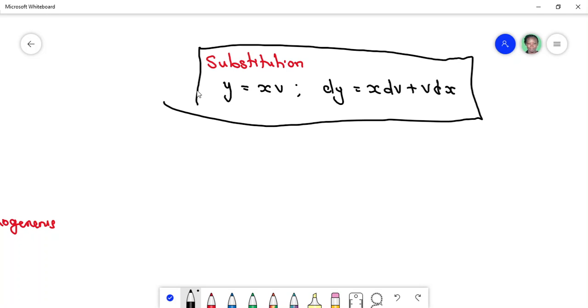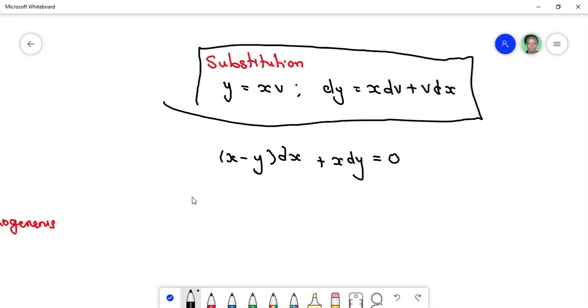Our initial differential equation is (x minus y) dx plus x dy equal to 0. So wherever I see y, I put xv. Wherever you see dy, you have x dv plus v dx. So let's do the substitution.